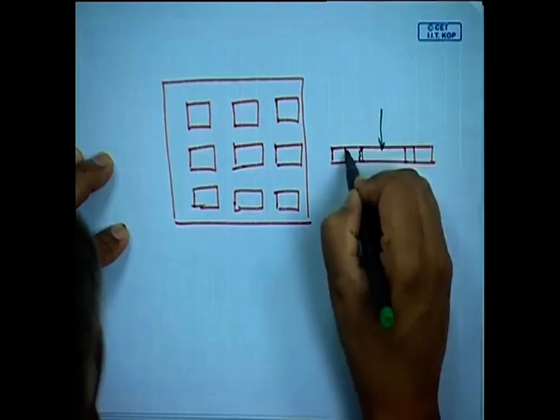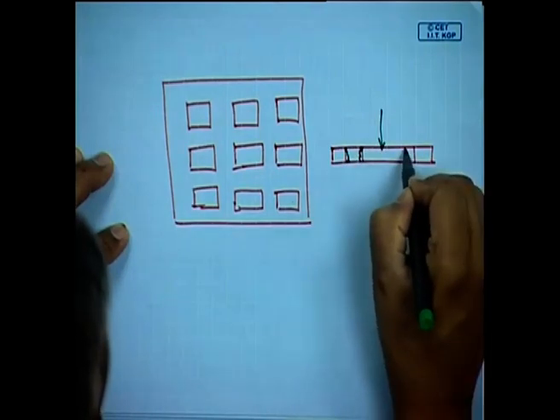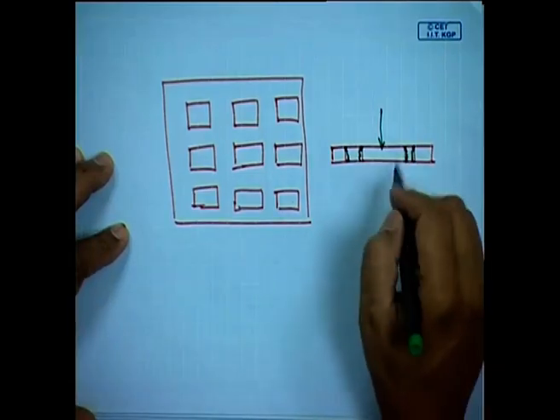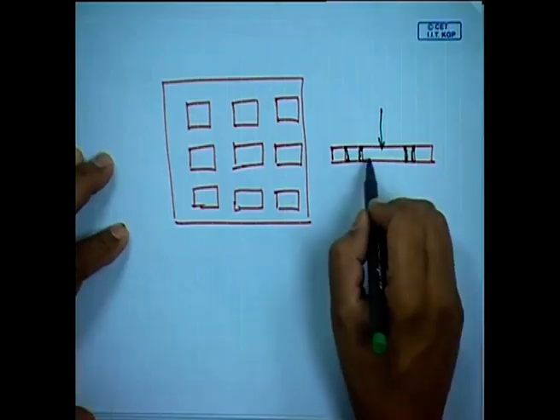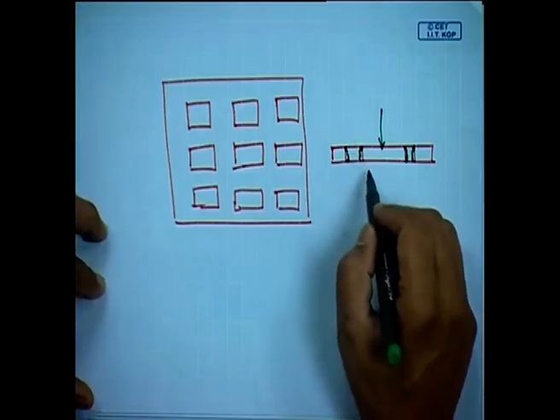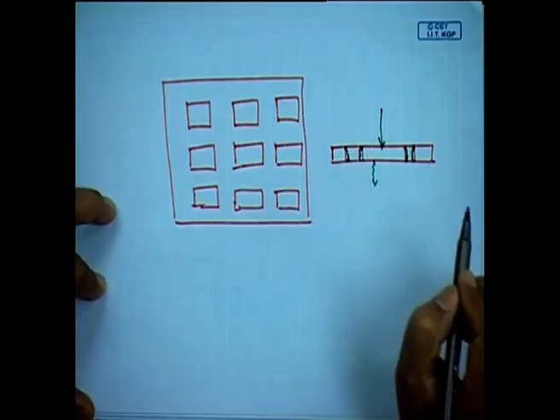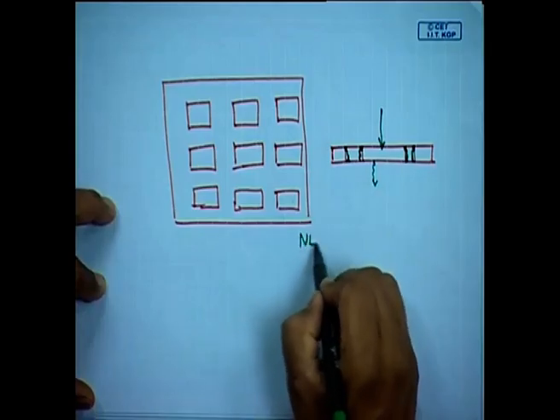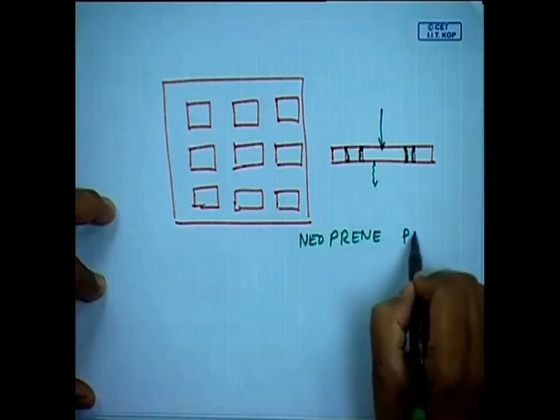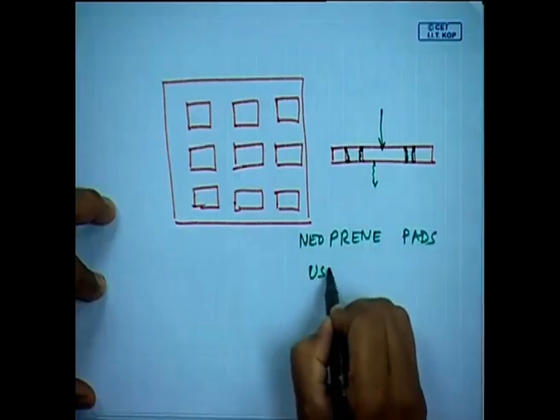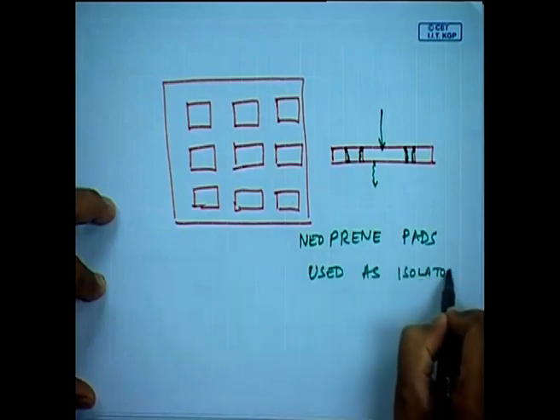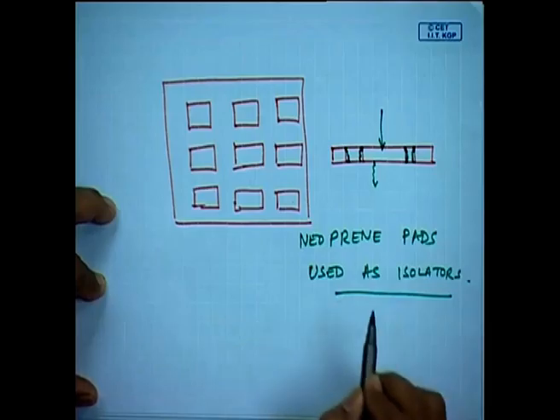Because of a load, they will try to move in, okay, and then try to take the load, because we have to arrest motion. So, they will flex and take the motion, and then less will be transmitted. So, such are the neoprene pads which are used as isolators. Okay.